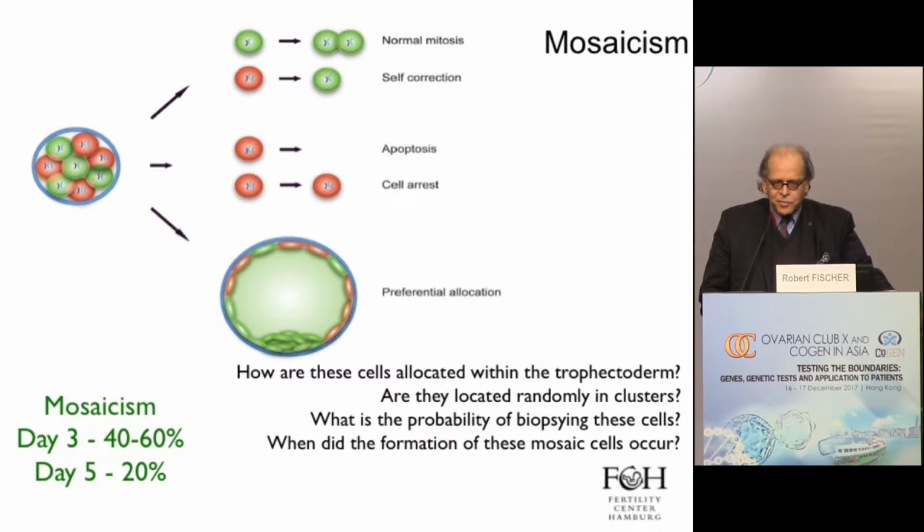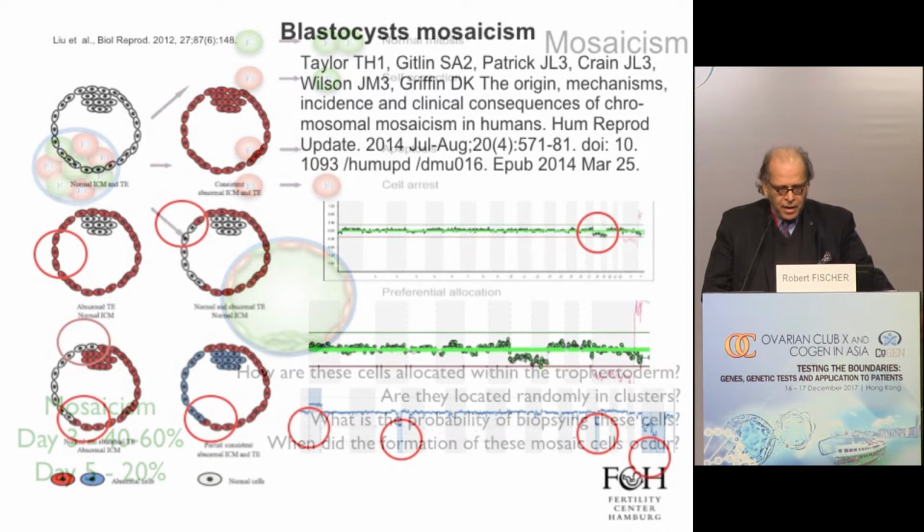They will become apoptotic or they will continue to develop, and there is no real information about the inner cell mass and how that will relate to the trophectoderm cells.